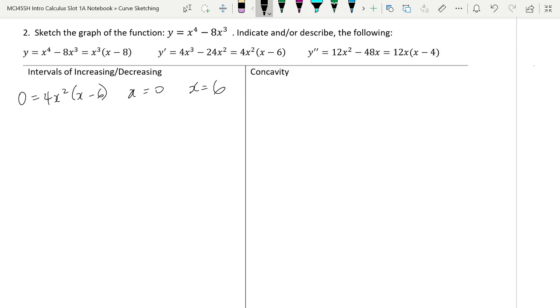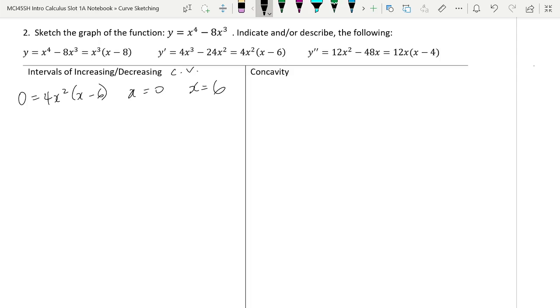Remember, when it comes to looking for critical values, make sure that you're also looking at any place that the derivative doesn't exist. Well, this is a domain question. In fact, the way the textbook organizes this, instead of the order we have on this chart, you'll see that the textbook actually asks you to think about domain first. So right away, you're looking for those.